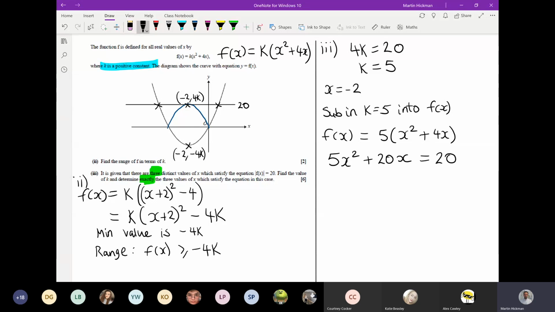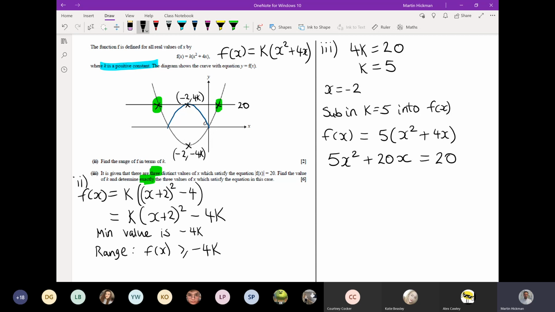Now, I know this is modulus, but if you look at these other two solutions, the ones that I'm going to highlight in green here, neither of these two solutions have been reflected. So I don't need to multiply f of x by -1. Both of these solutions, regardless of whether it's modulus or not, were above the x-axis.